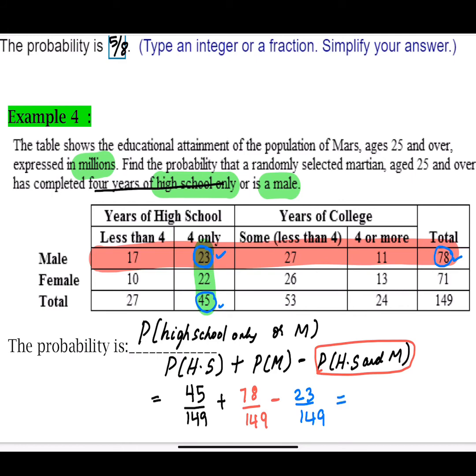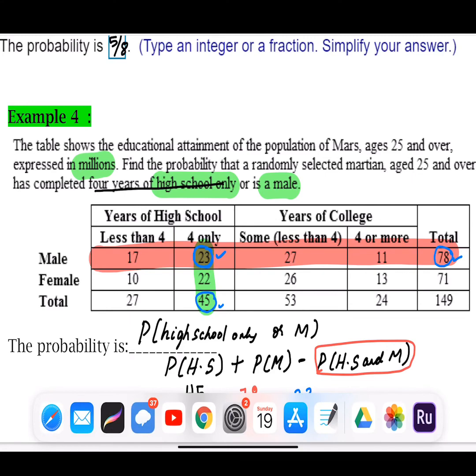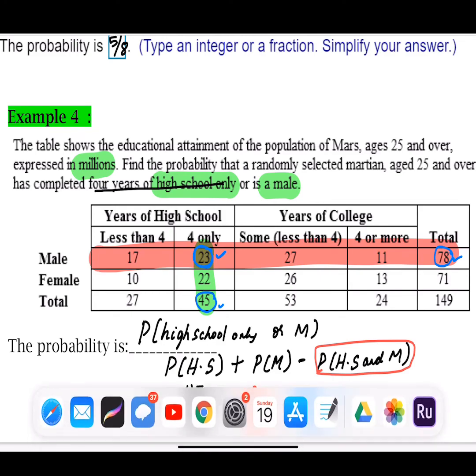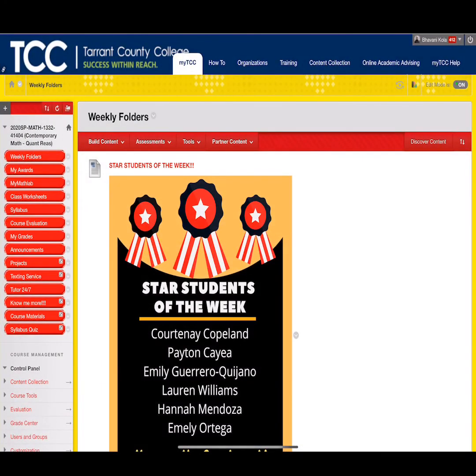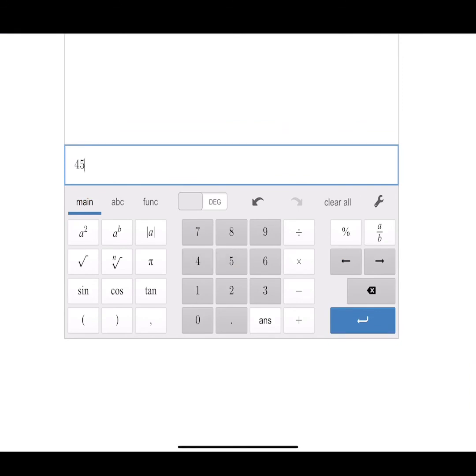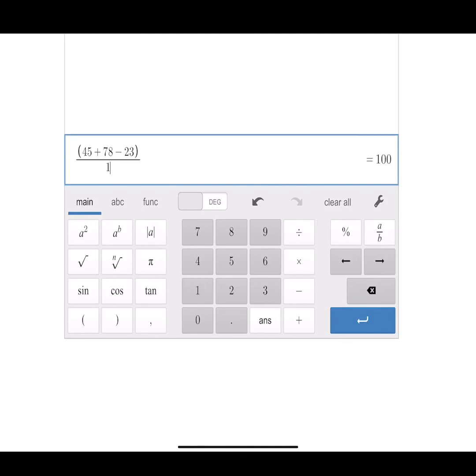And again, you always have to give your answer in simplest form. So I'm going to plug that into my Desmos. It is 45 plus 78 minus 23, everything divided by 149.